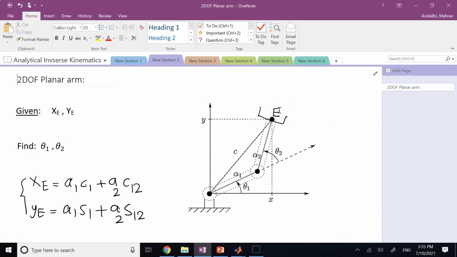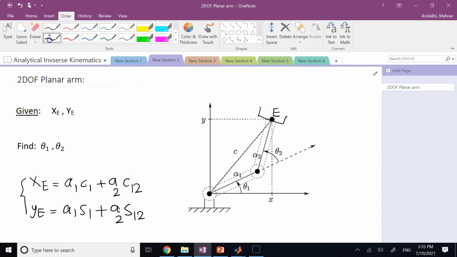So here you have the 2 degree of freedom planar arm, and the equations of forward kinematics for this guy are quite simple, right? And we had that in our forward kinematics lecture, so I just wrote them down here. The derivation of that is done already in the previous videos. So this is my 2 degree of freedom planar arm.